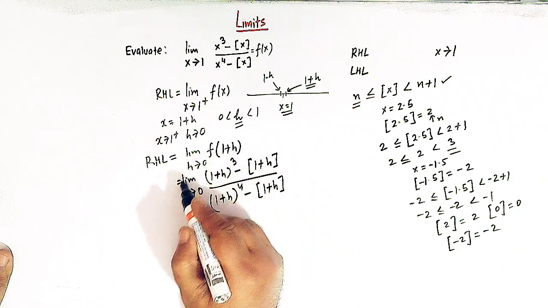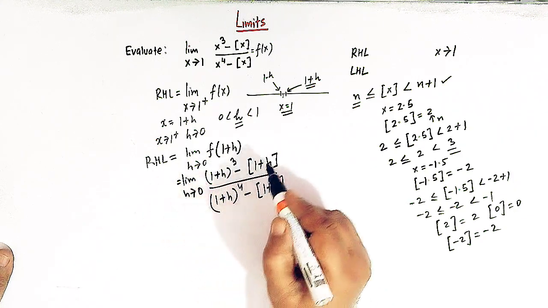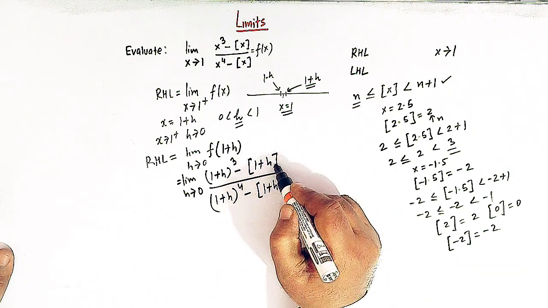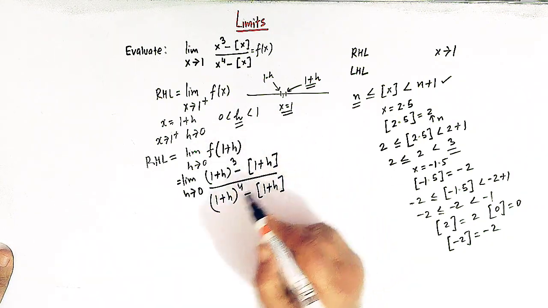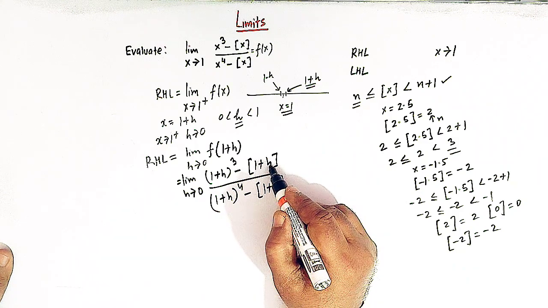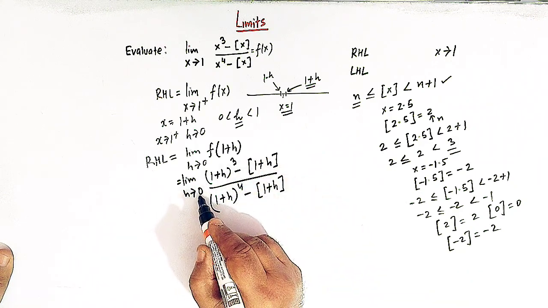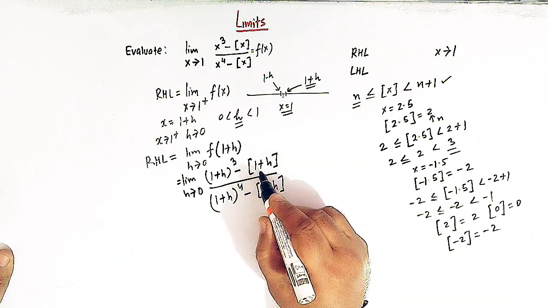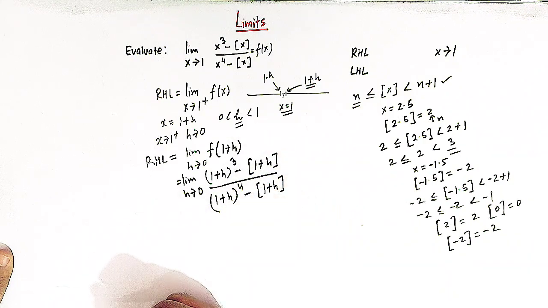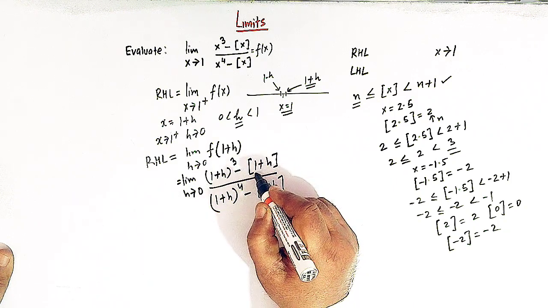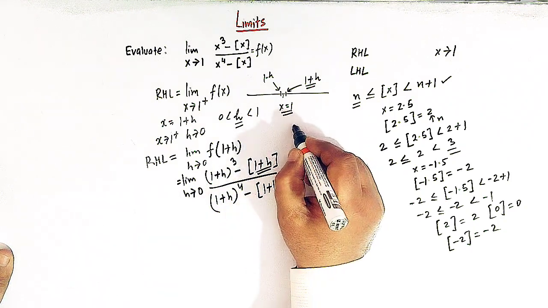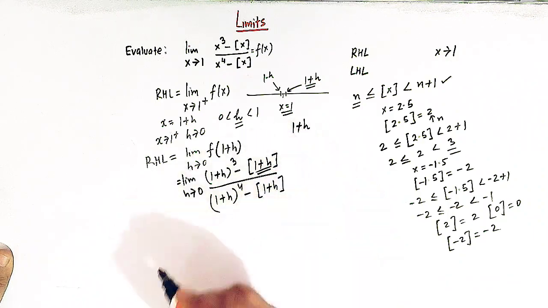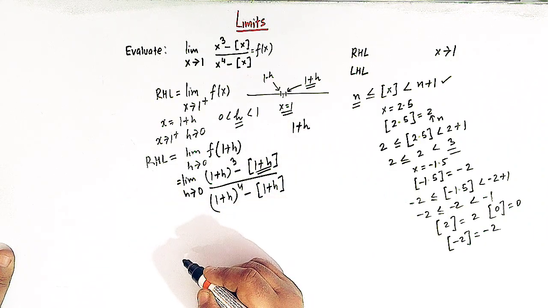Now we have to evaluate this limit. Whenever we come across functions like the greatest integer function or the fractional part function, we cannot directly substitute the value of h as 0. So we make use of the definition of the greatest integer function. Consider 1 plus h, where h is infinitesimally small.